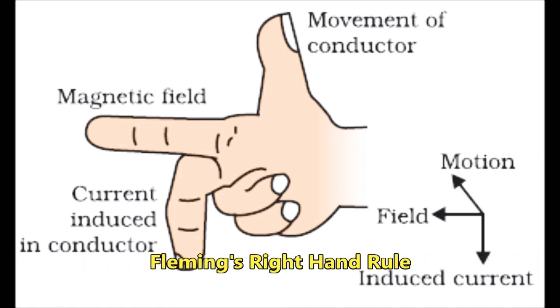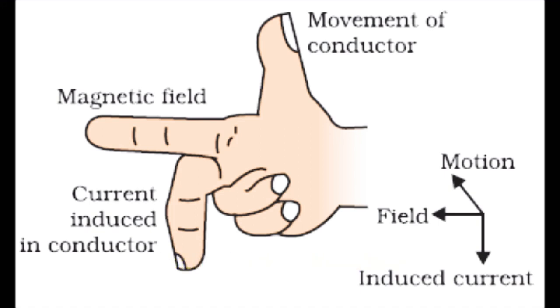In this right hand rule, the forefinger indicates the direction of the magnetic field, the thumb shows the direction of motion of the conductor, and the middle finger shows the direction of the induced current. So this is Fleming's right hand rule.